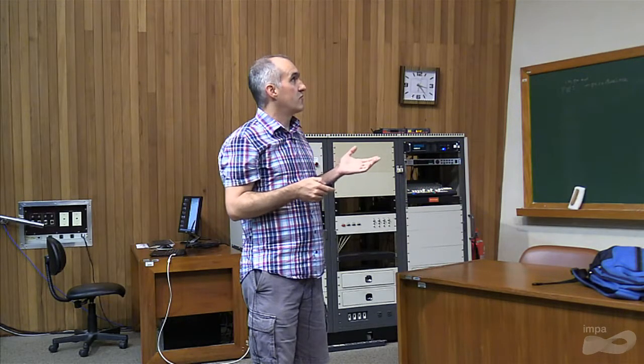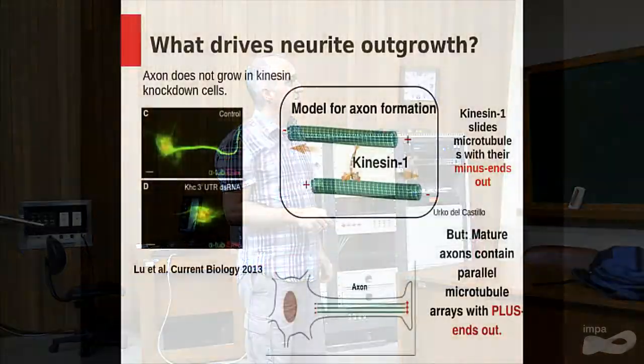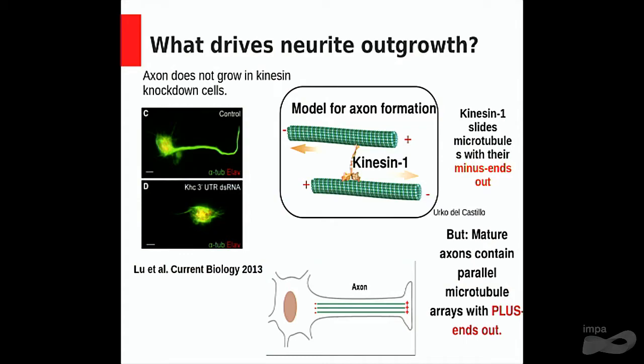So that could establish and elongate the axons, but we know that in axons, microtubules are actually plus end forward. So apparently, it cannot be kinesin alone, because kinesin would push them into the extension minus end forward. That is a major question I want to ask now.